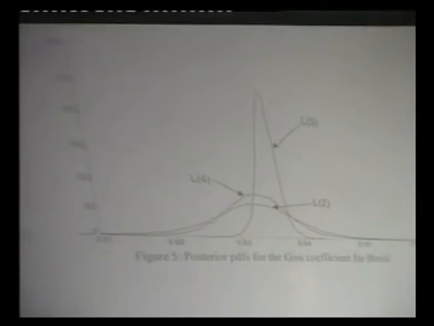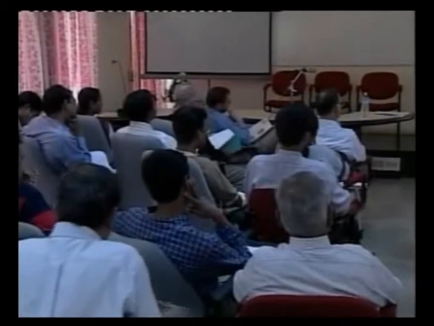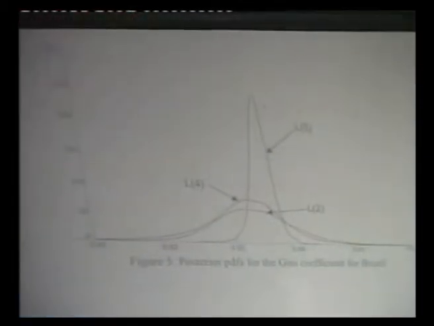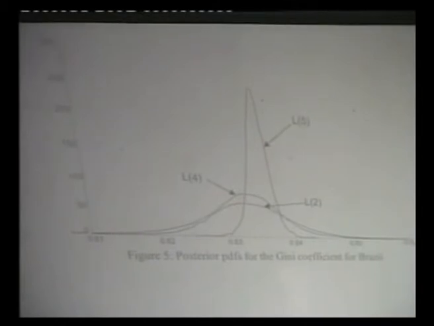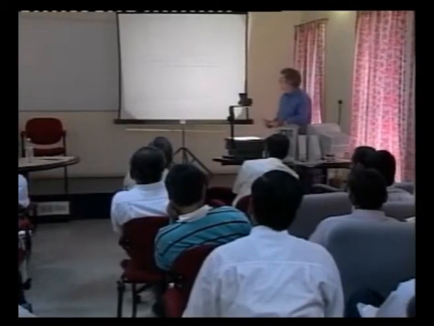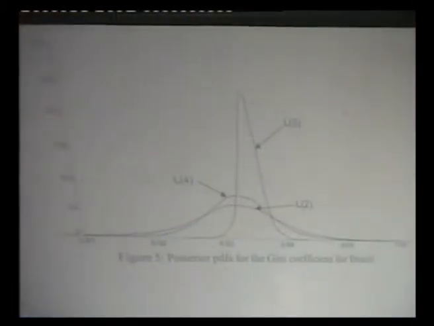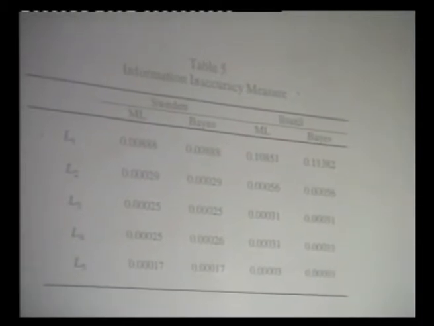Okay, now I have some goodness of fit measures for each of these functions, and these are not posterior odds, I'm embarrassed to say. They're a sampling theory measure. This is Theil's information inaccuracy measure.